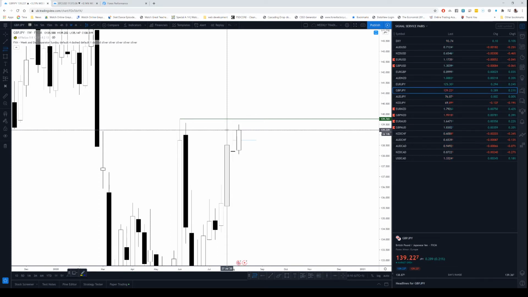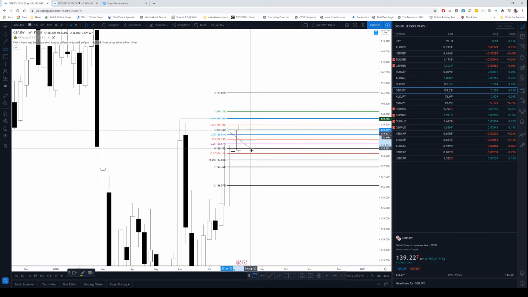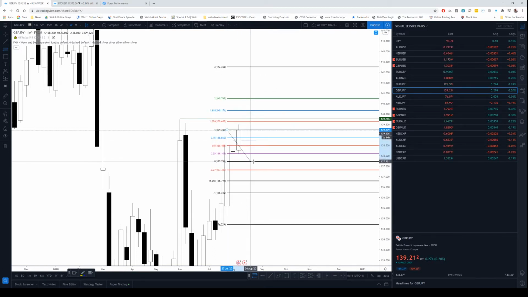And 127 should send us above that high, or 168. Yep, so that's 127 there, and then 1.618 will bring us here, and then 2 will bring us right here.